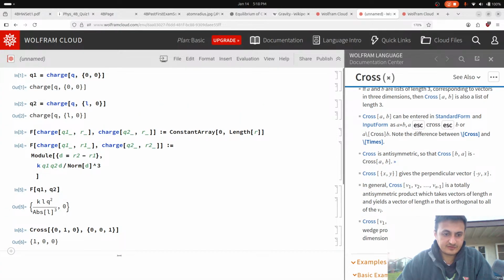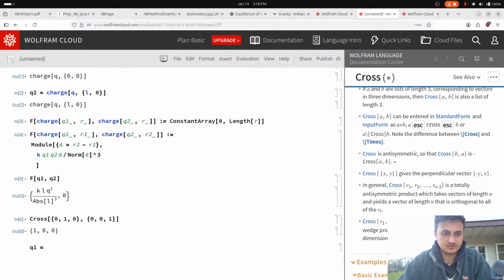So first off, can we just do this? We're going to say Q1 is equal to charge Q at minus L over 2, 0. And we need to make this actually 0, 0, 0.